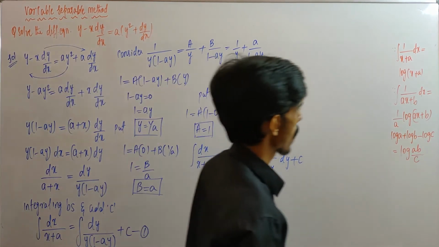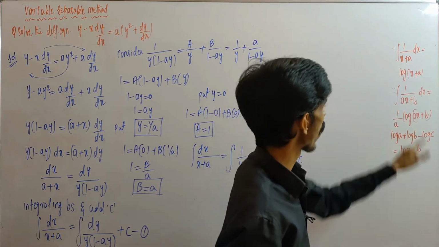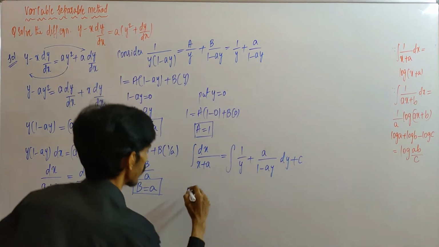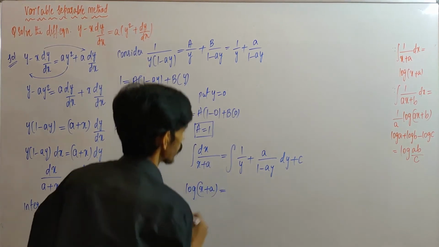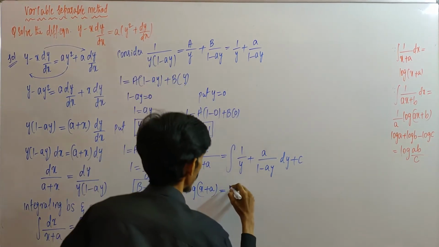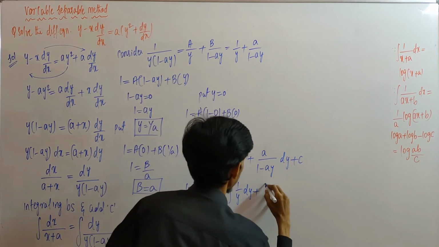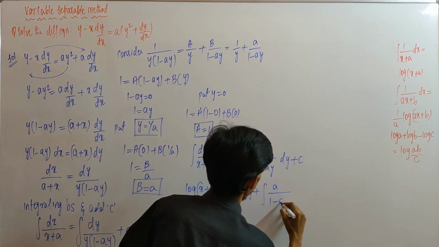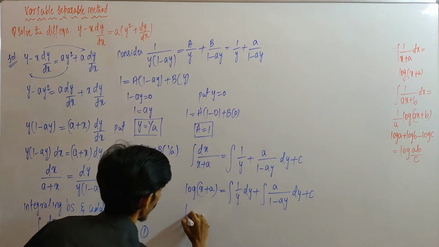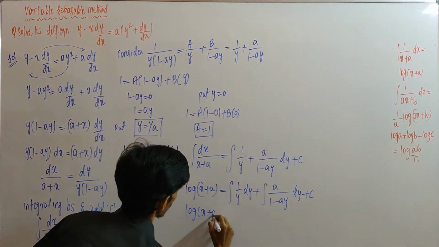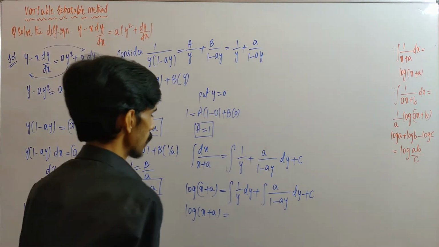Now integration of 1 by x plus a dx has the value log x plus a, that is, log of the denominator. So this will become log x plus a is equal to, separating the integration, integration 1 by y dy plus integration a by 1 minus a y dy plus c. So here I have log x plus a is equal to, integration of 1 by y, the value is log y.